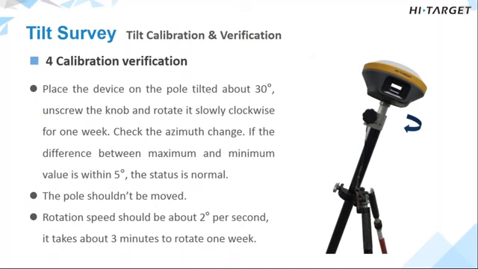You can check the azimuth change in the Hi-Survey Road interface, and if the difference between the maximum and minimum value is within 5 degrees, the status is normal. And please pay attention that the pole shouldn't be moved, and the rotation speed should be about 2 degrees per second. It will take about 3 minutes to rotate one week.